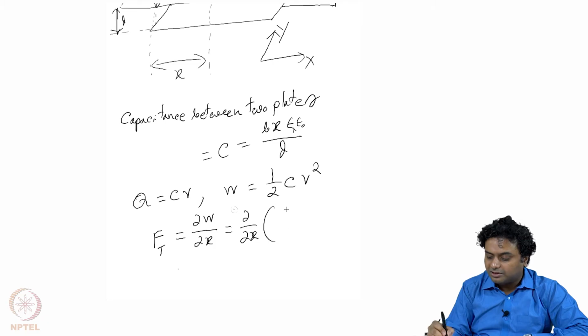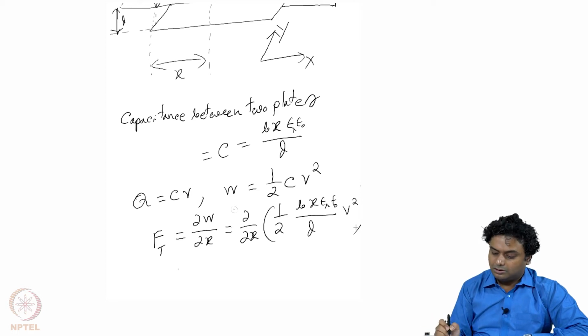So what is half C V square? Half of B x epsilon r epsilon naught divided by D into V square, right. Okay.